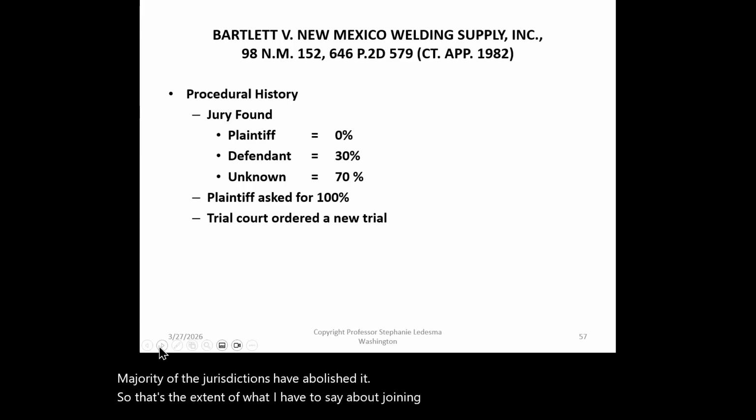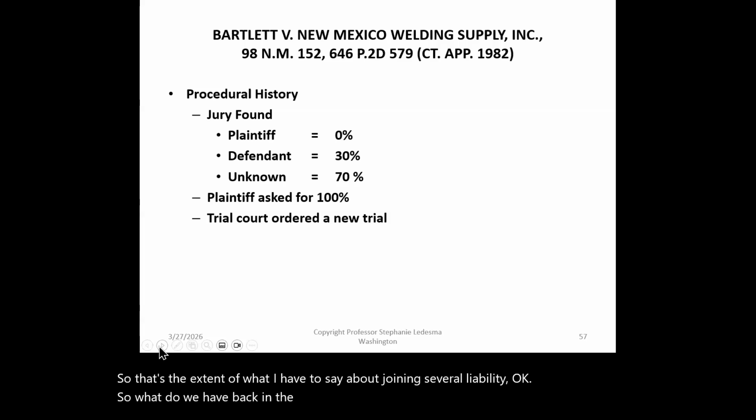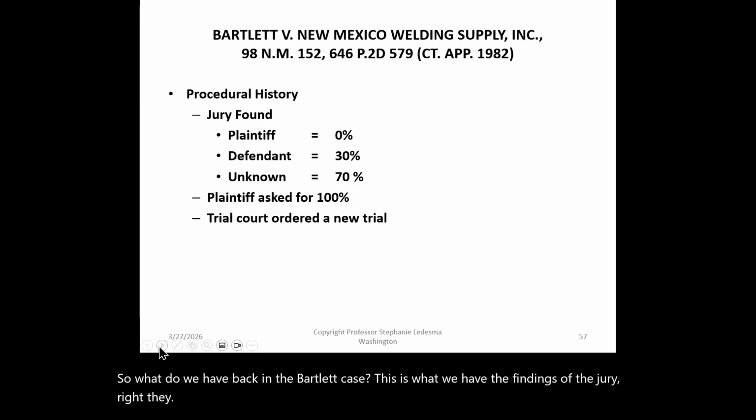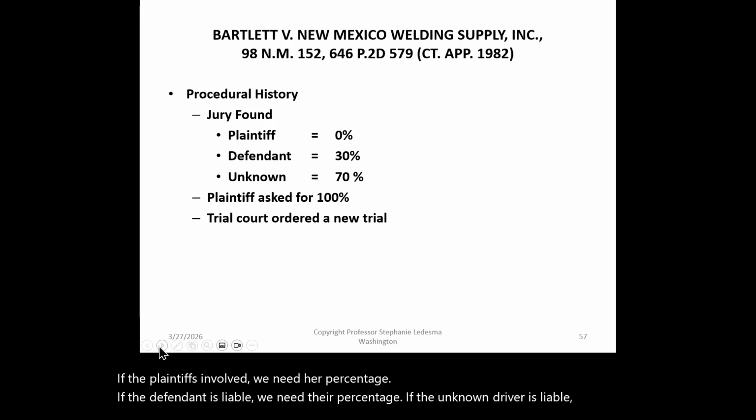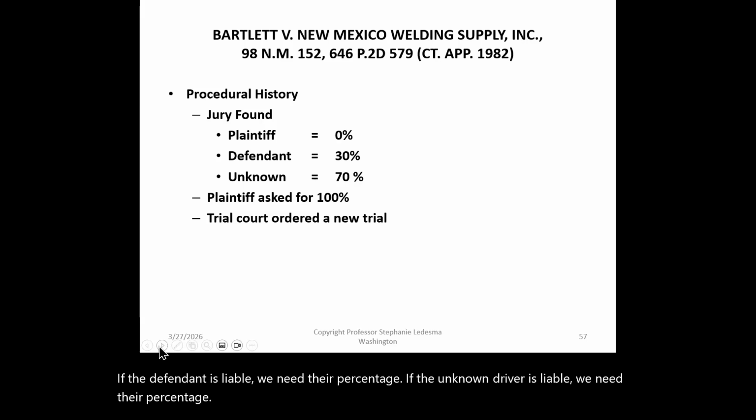Okay. So what do we have back in the Bartlett case? This is what we have, the findings of the jury, right? Court gave an instruction. If the plaintiff's involved, we need her percentage. If the defendant is liable, we need their percentage. If the unknown driver is liable, we need their percentage. We want everybody's percentage.